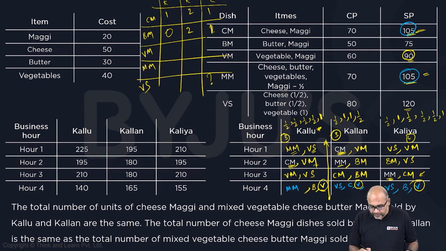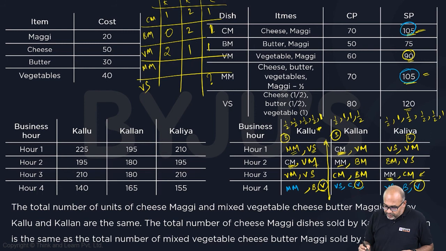If you're looking at VM, it was sold by Kallu how many times? 1, 2. So 2. For the second person, VM was sold only once. And by the third person, VM was sold only once. Similarly, MM was sold once and twice.